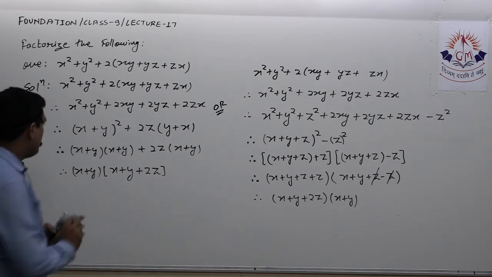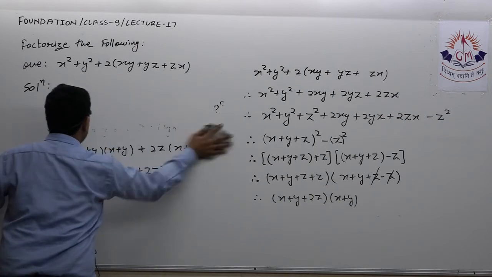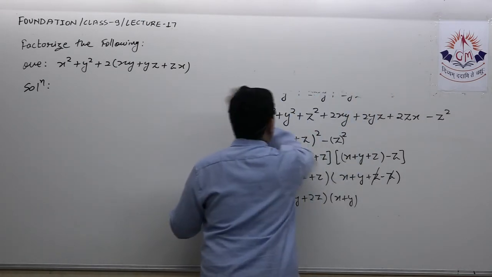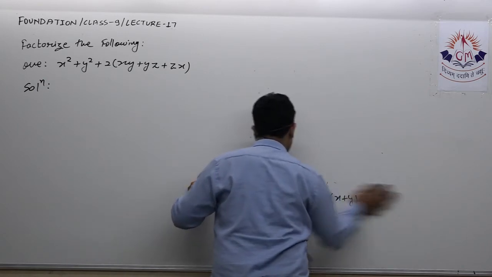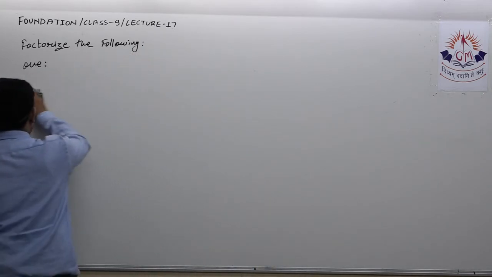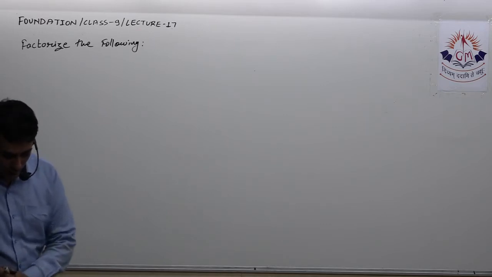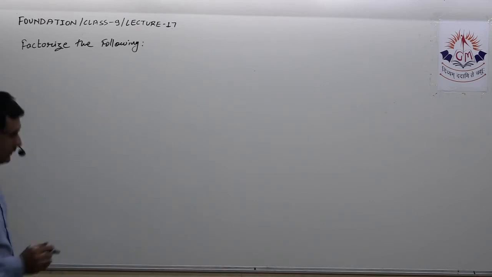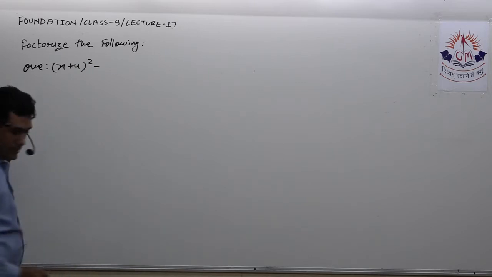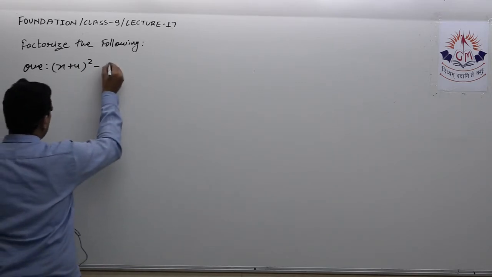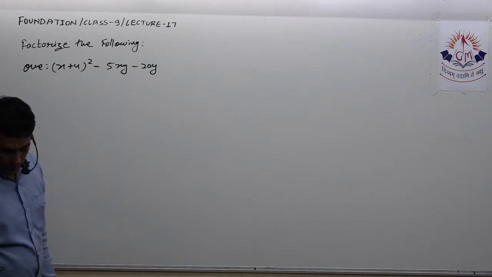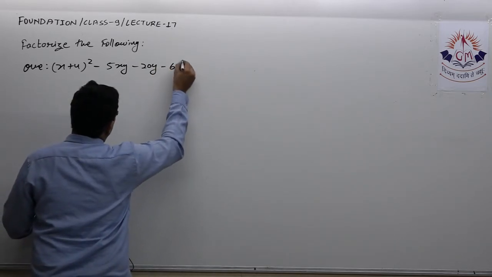Okay, so the next question is (x plus 4) whole square minus 5xy minus 20y minus 6y square.